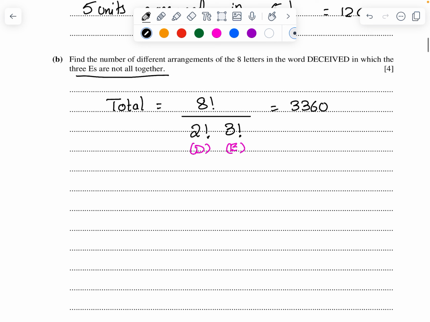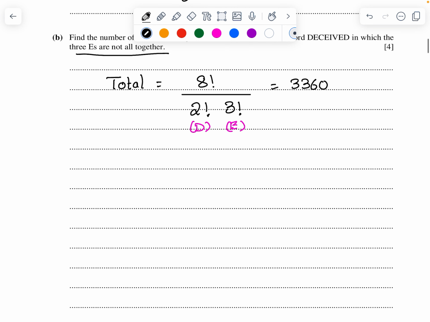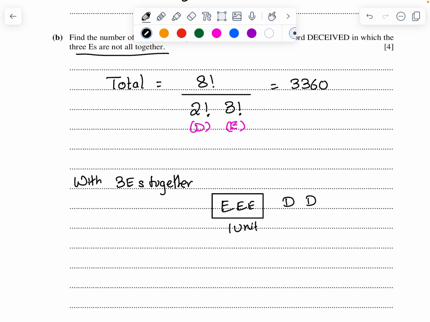Now the 3 E's are not together. So what am I going to do with the 3 E's together? All the 3 E's are tied as one unit. Then I'll be left over with D, D, C, I, V. So it is 6 units.